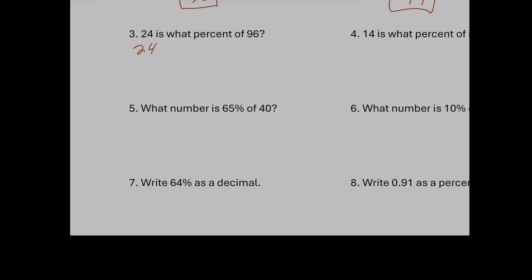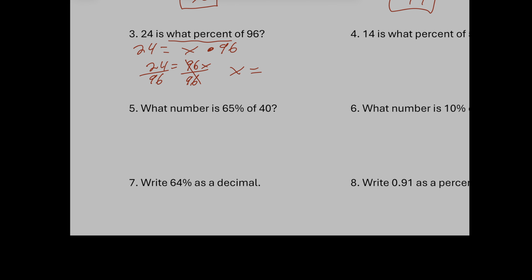24 is what percent of 96? Or 24 equals 96x. To solve, I'm going to divide each side by 96. And when you're doing percent, you're often going to do division with the smaller number on top, the bigger number on bottom, because that's going to give you a decimal answer, which is usually what you'd like to see.